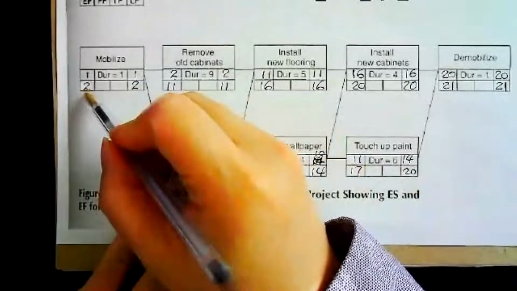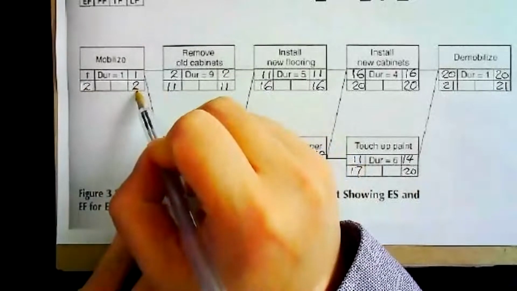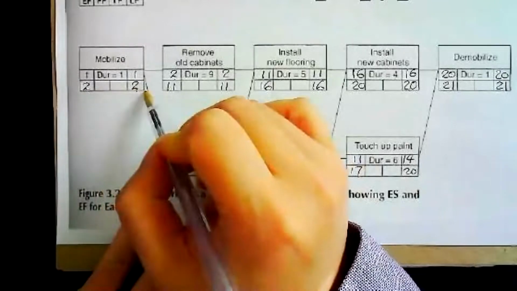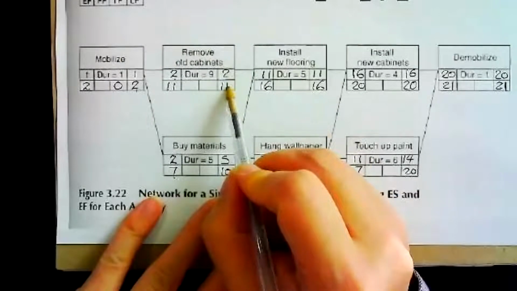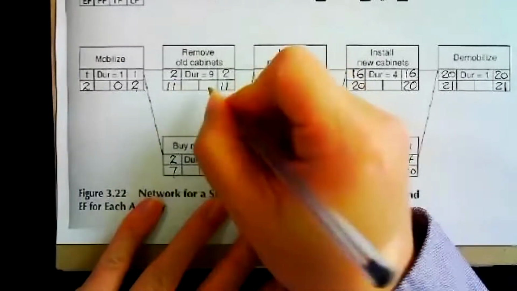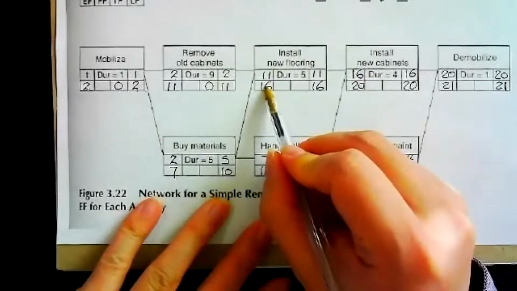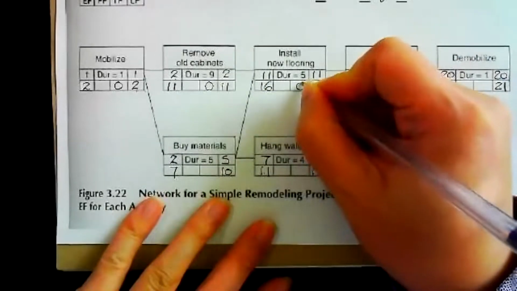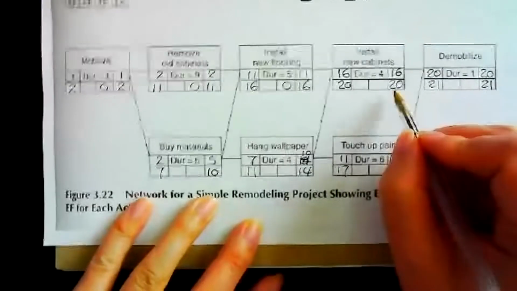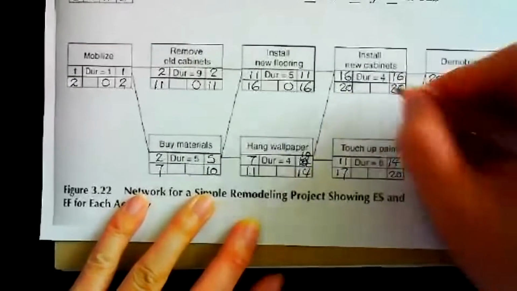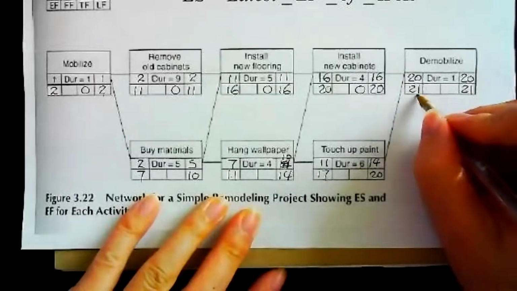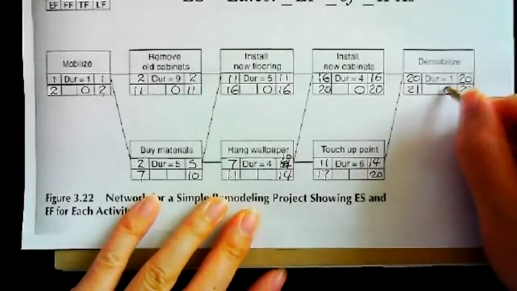Late finish minus early finish: 2 minus 2, 0. 11 minus 11, 0. 16 minus 16, 0. 20 minus 20, 0. 21 minus 21, 0.